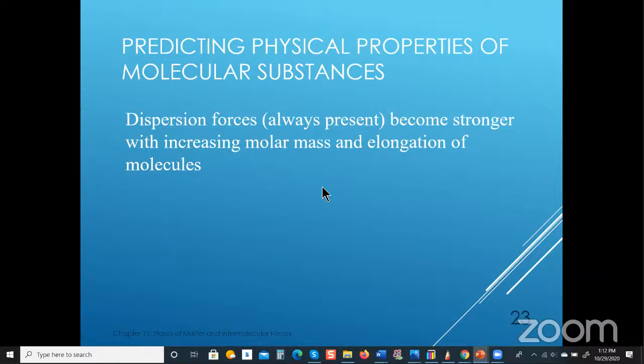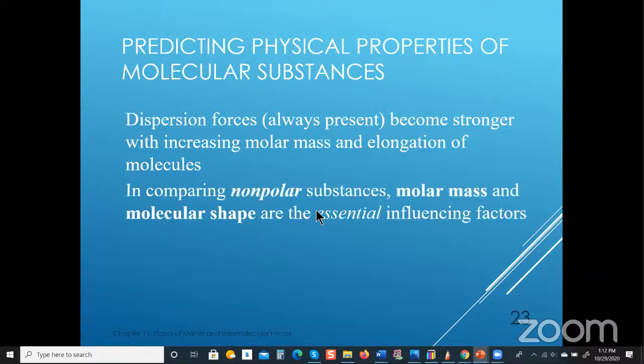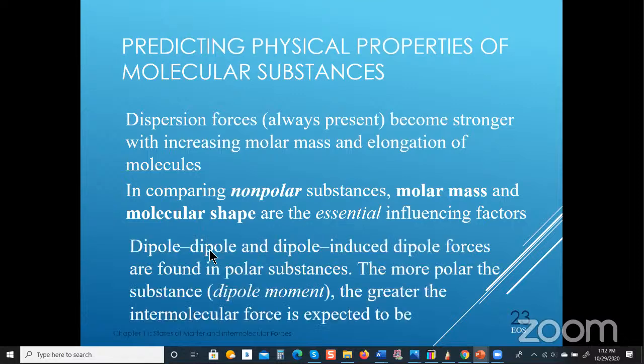We saw that in the alkanes, in the organic compounds we looked at a couple of slides ago. In comparing nonpolar substances, molar mass and molecular shape are the influencing factors that determine the strength of the London forces.